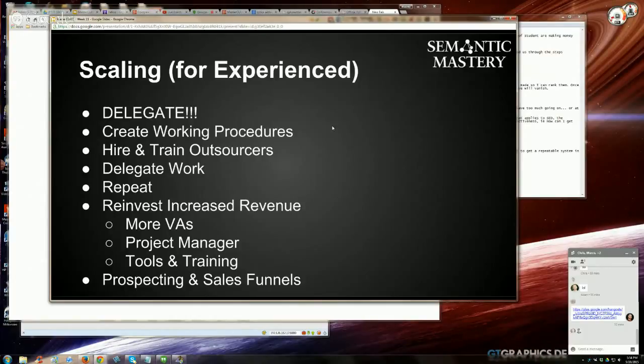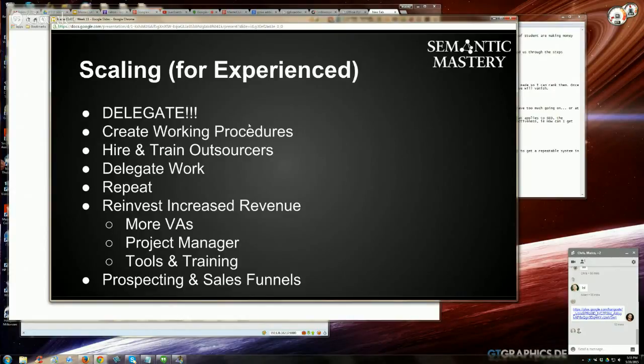Then you're going to stay at $3,000 a month. Okay, go pay that $500 a month, and take a month or two where you get into the process of creating working procedures, training the outsourcer, managing them, and making sure that they learn the task at hand. It might take you 2 months where you are at a lower level of income because you had to give up $500 a month to that outsourcer.